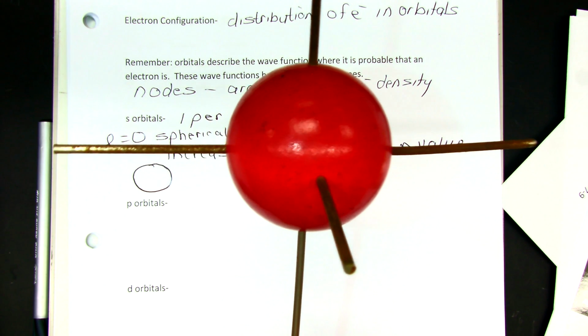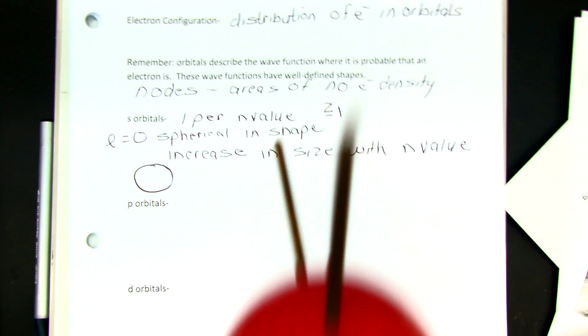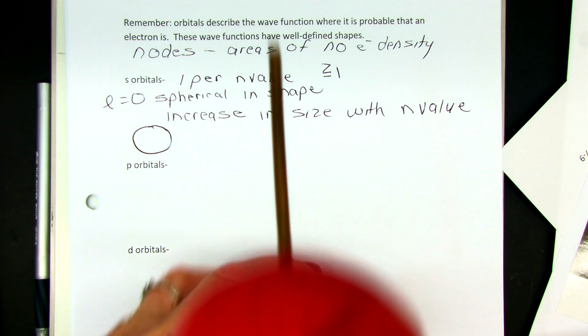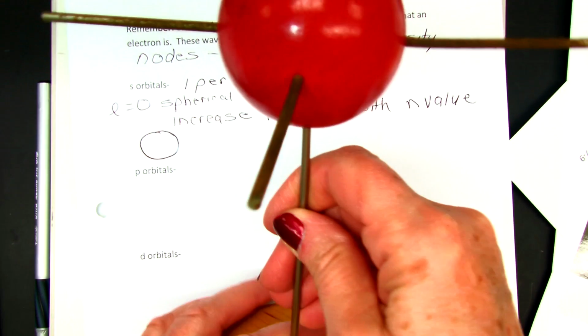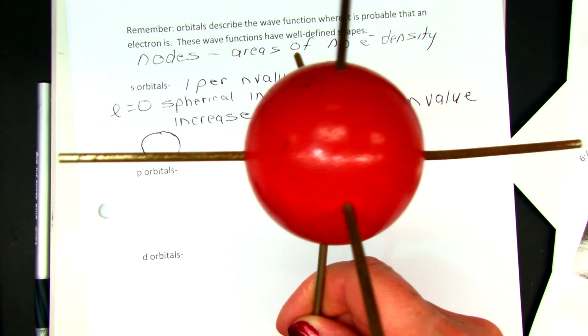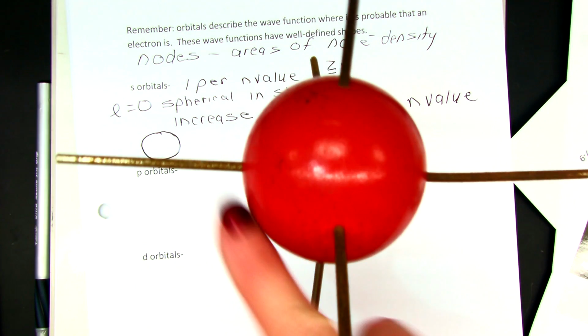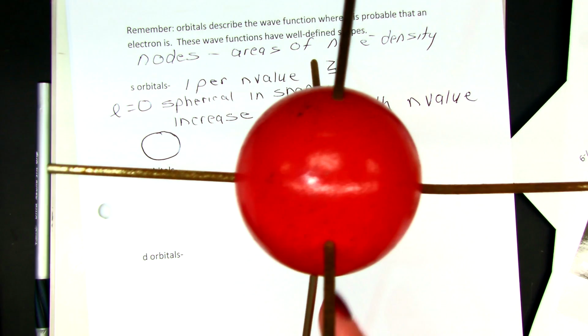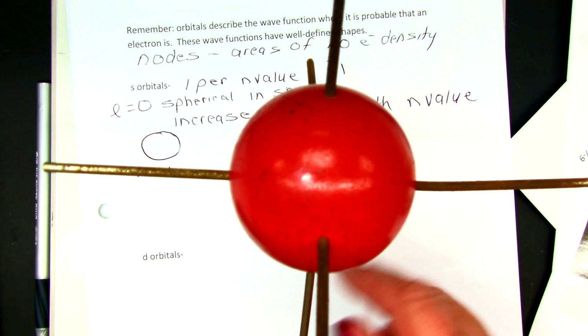Now, if you look at this, you see it in three-dimensional space. So this is the x-axis going across, the y-axis goes up and down, and then the z-axis.